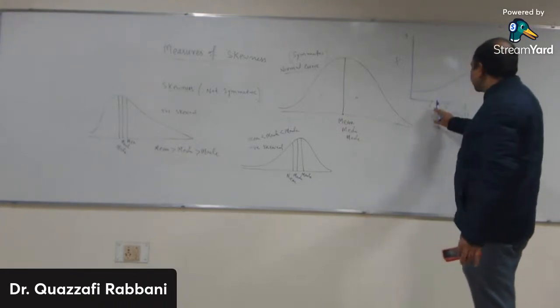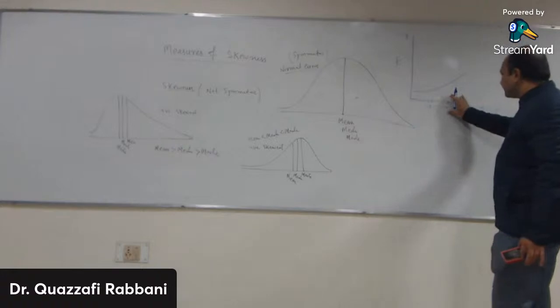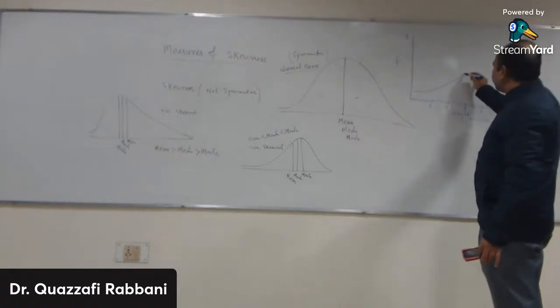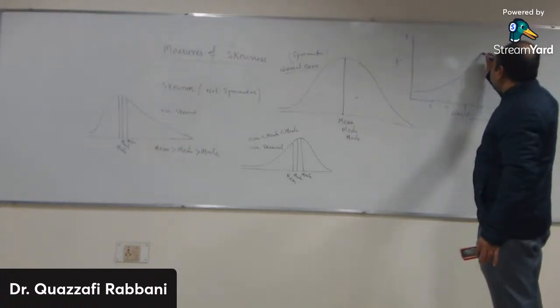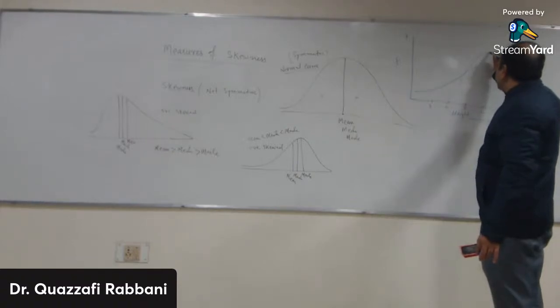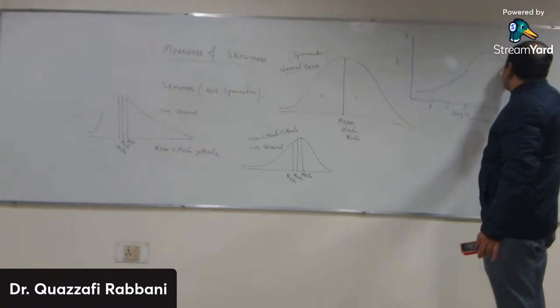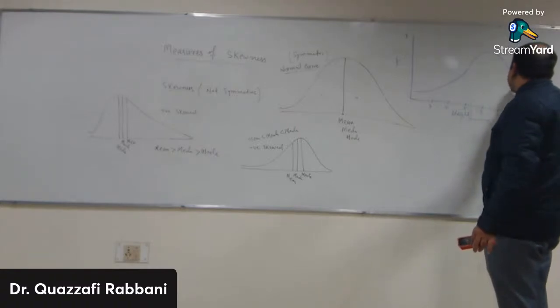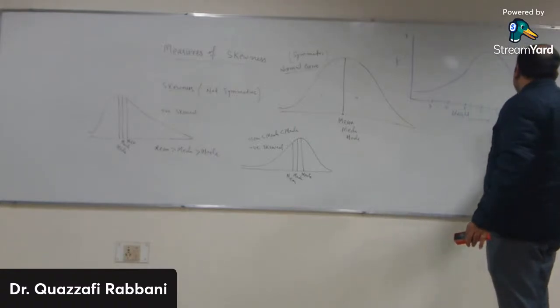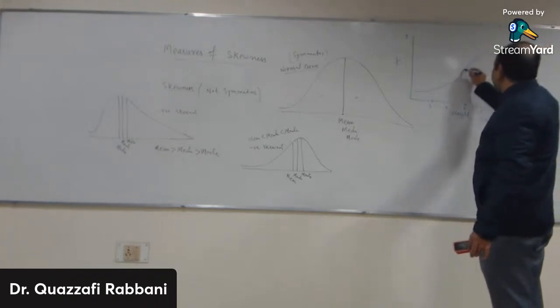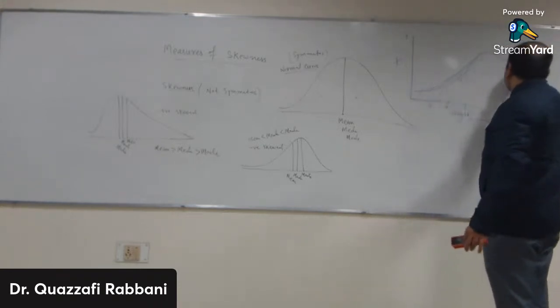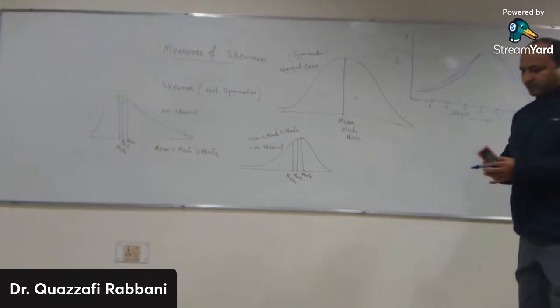Very few persons have very low height, the maximum number of students have average height, and very few students have very high height.